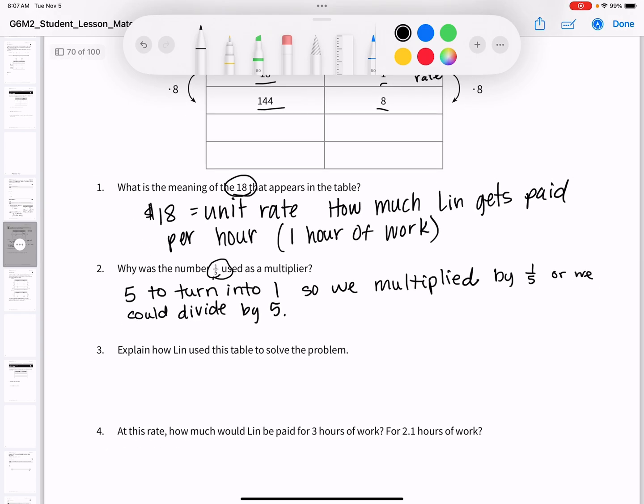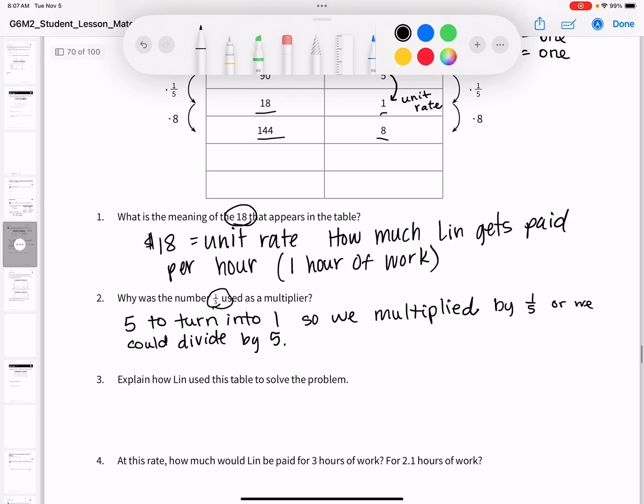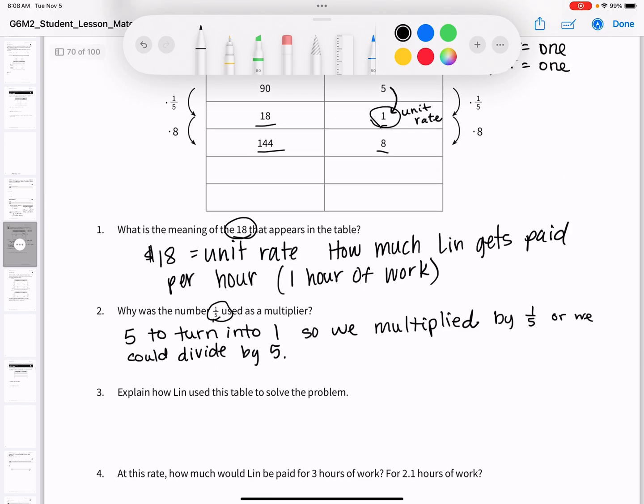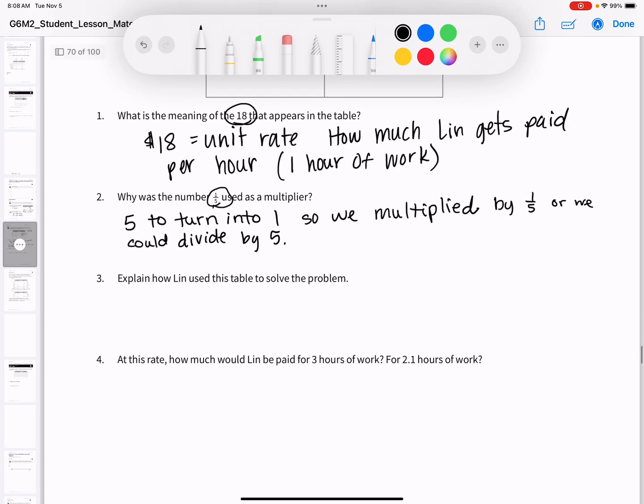Okay, explain how Lynn used this table to solve the problem. Well, we first found out how much she made in 1 hour so that we could then find out how much she made in 8 hours.